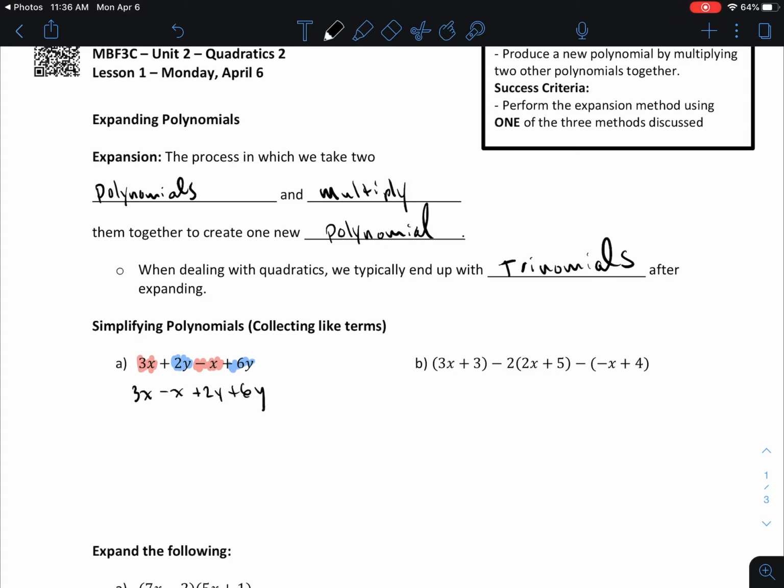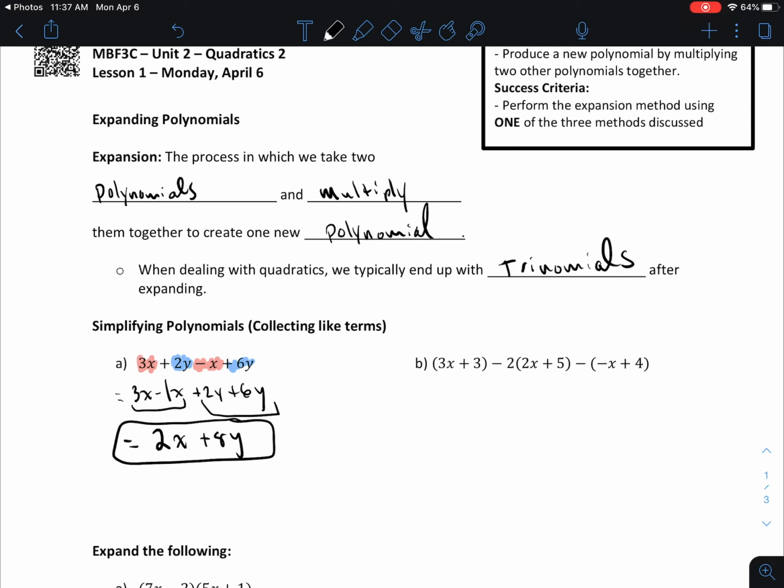And now I have my like terms together, right? So I have the x's with the x's and the y's with the y's. And now I can add them together. My final answer is going to be 3 minus, remember the coefficient here, this is a little bit tricky sometimes, is a 1. So 3 minus 1 is going to be 2, and we're dealing with the x's here, so it becomes 2x. And then 2y plus 6y is going to be plus 8y, right? So there's your answer for collecting like terms. And this will be a little bit useful when we come down to the expansion as well.